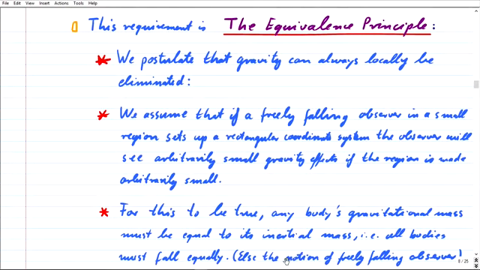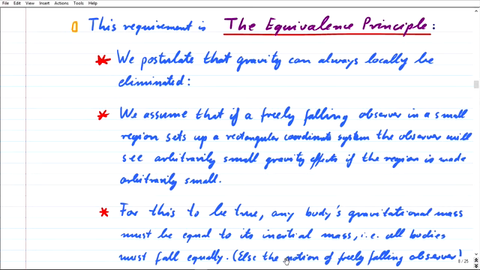So this means we postulate that gravity can always be locally eliminated, at least at a point. We cannot require that gravity is locally eliminated in a finite region, because any finite region will have the ability to detect tidal forces. But at a point itself, there are no tidal forces.